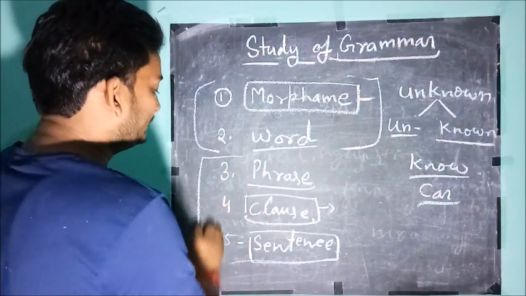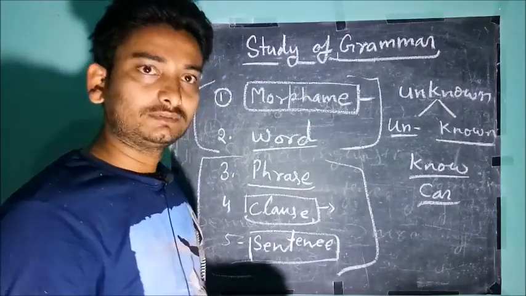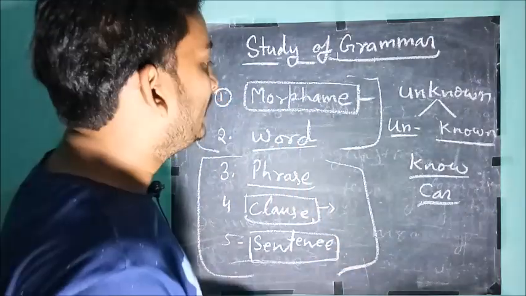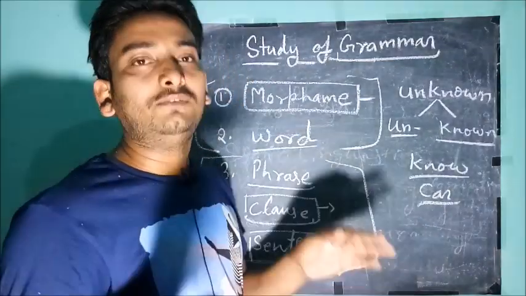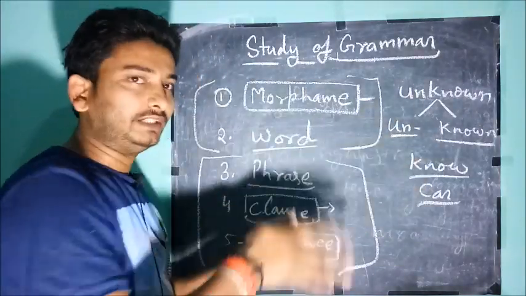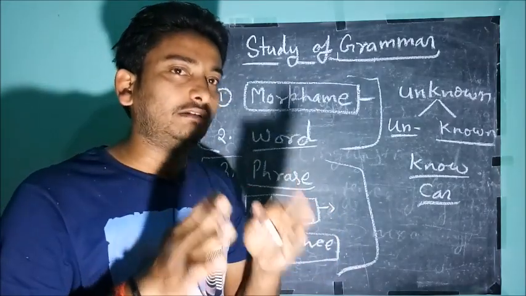Phrases, clauses and sentences are studied in syntax, that is the study of sentence formation, and the next one is semantics, that is the study of meaning. Guys, I hope this thing is clear to you all. If any doubt, you may write your question in our comment box.